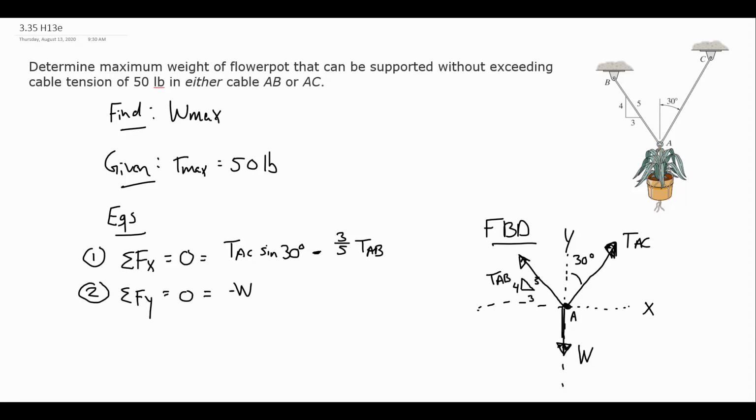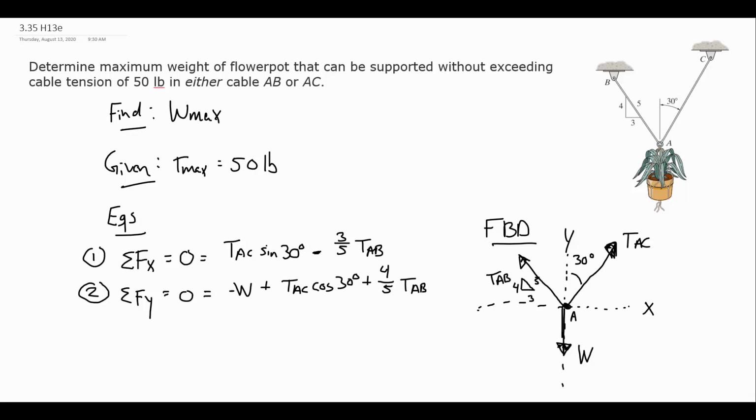So for TAC, it's pointing up, so it's going to be a plus TAC, and then the vertical component is the cosine 30. And for TAB, its vertical component also points up, so it's going to be plus 4/5 TAB.